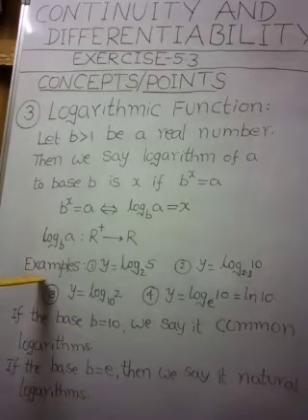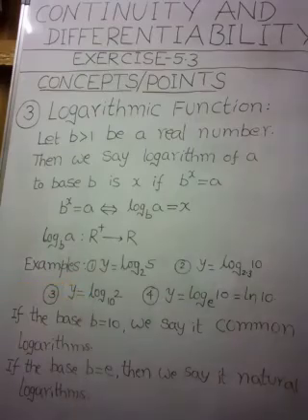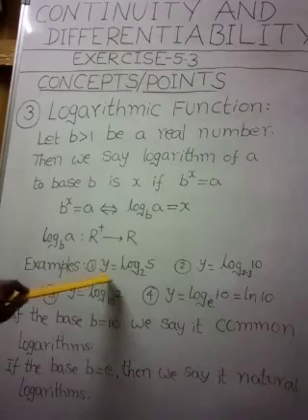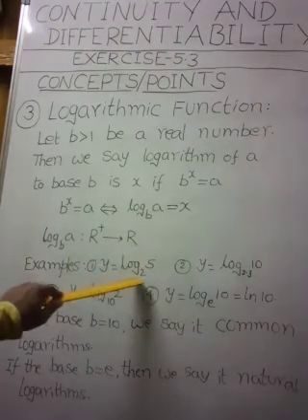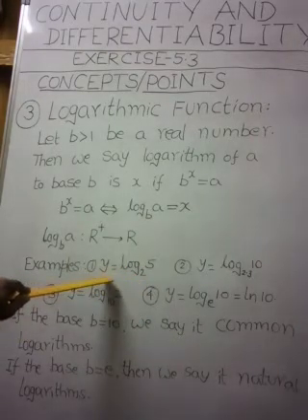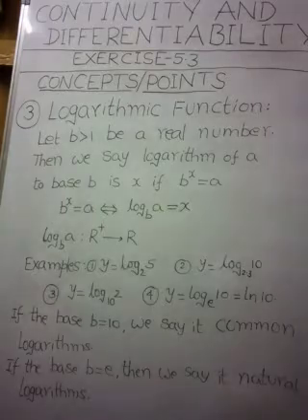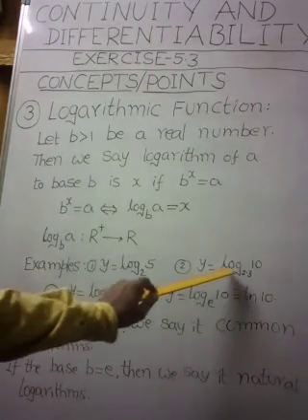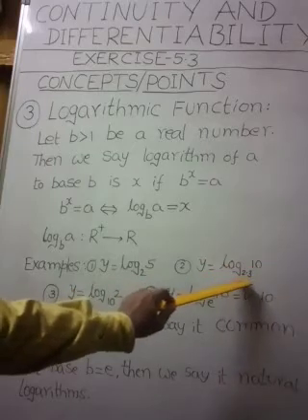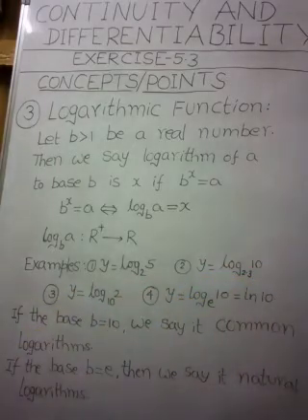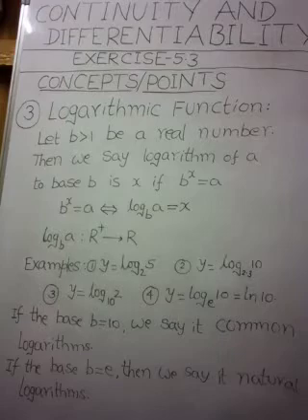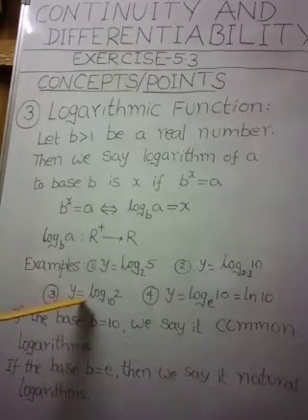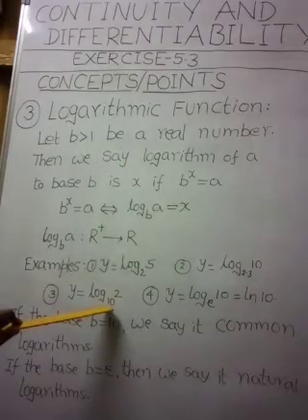Now let us take some examples to understand this definition. First example, y = log 5 base 2. This is one example of a logarithmic function. Second example, y = log 10 base 2.3. Third example, y = log 2 base 10.